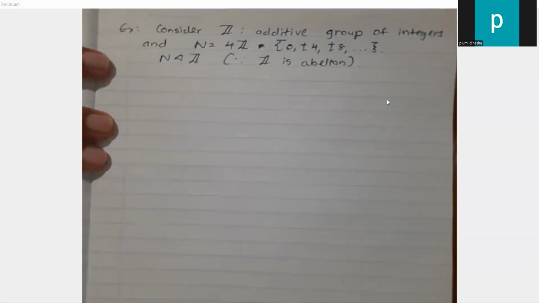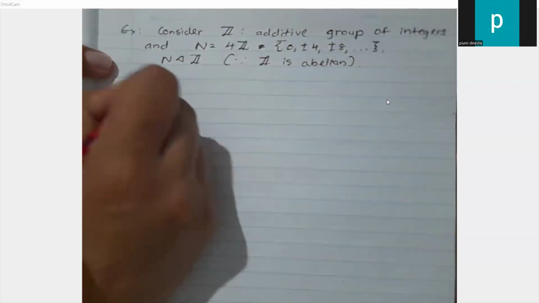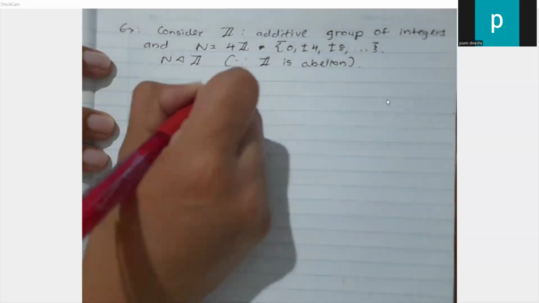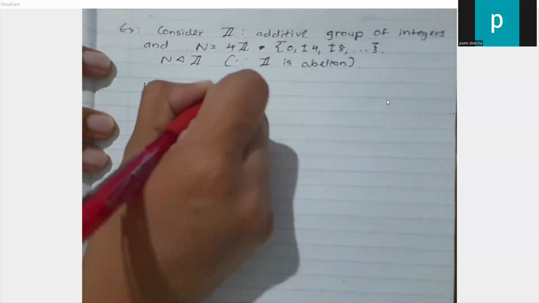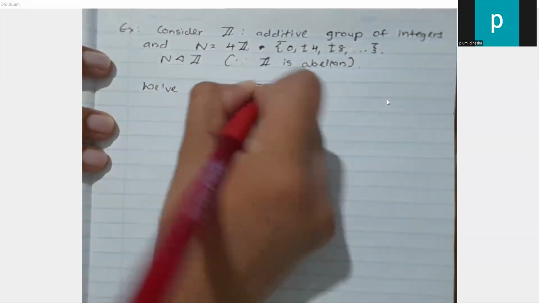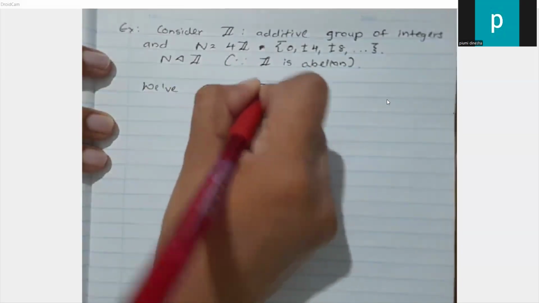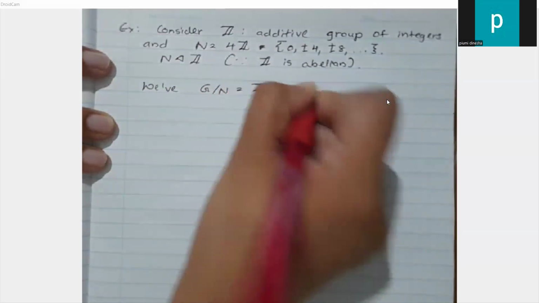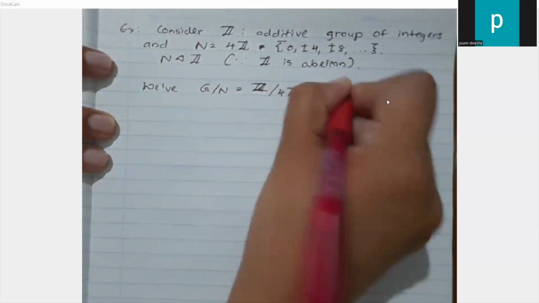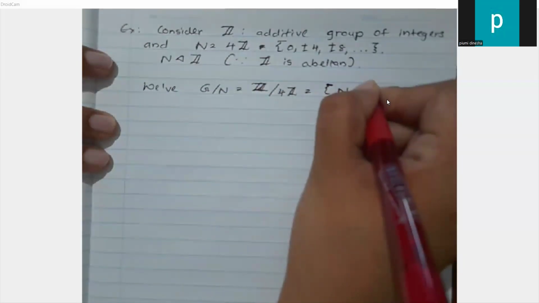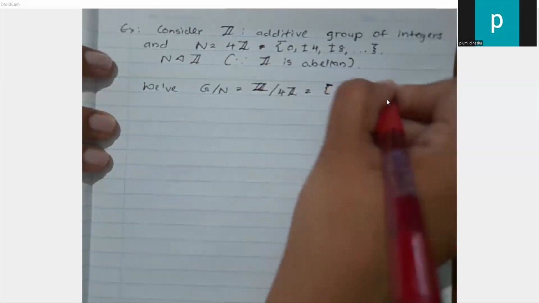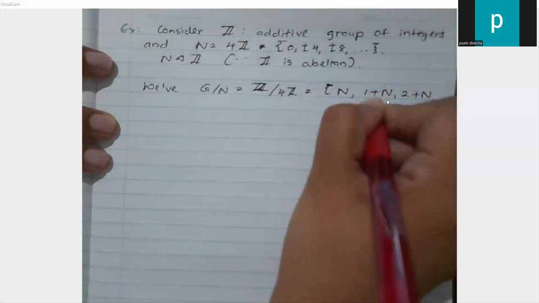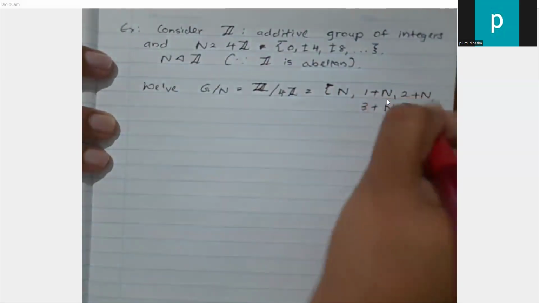Now, let's find the quotient G over N, which is simply Z over 4Z. Here G is the group of integers. This is given by what? N, and 1 plus n, 2 plus n, and then 3 plus n. 4 plus n is back at n.